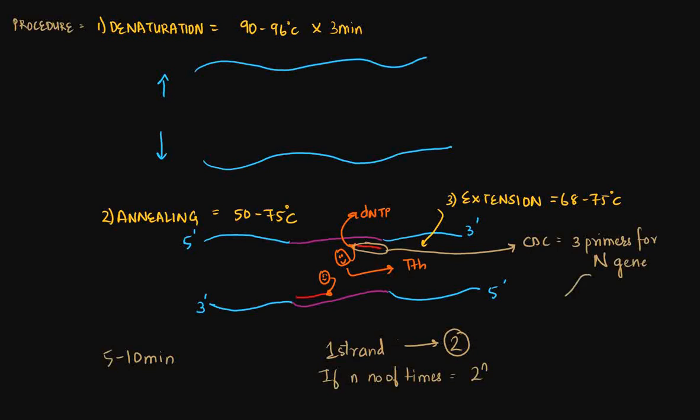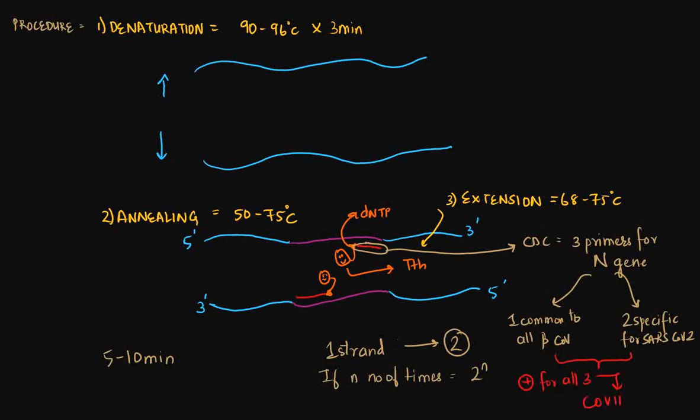One which is common for all beta coronaviruses and 2 specific for SARS-CoV-2, that is the coronavirus. A patient needs to be positive for all 3 to be labeled COVID positive. However, if only 2 are positive, then the gene for RNA-dependent RNA polymerase is tested.